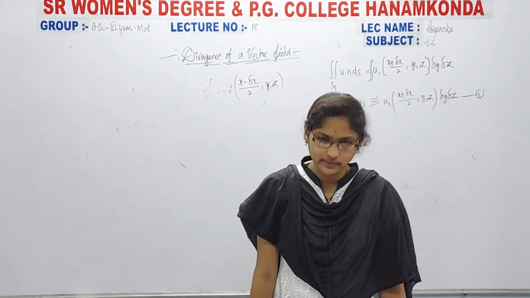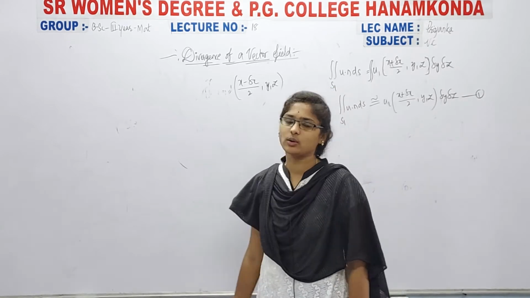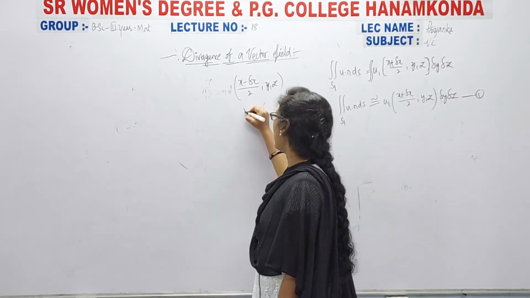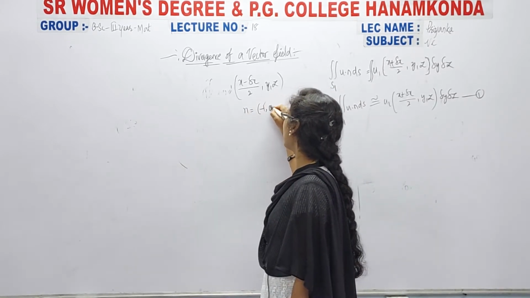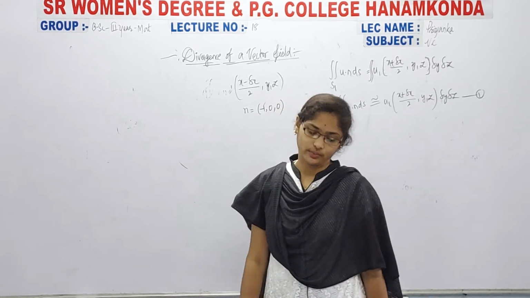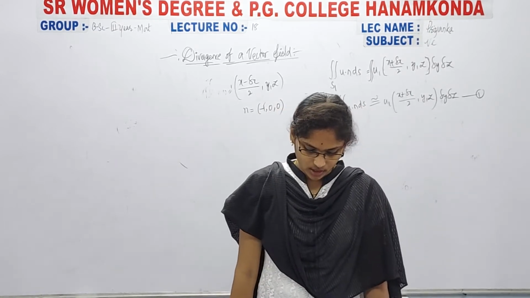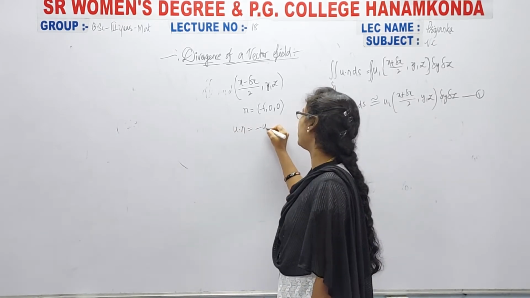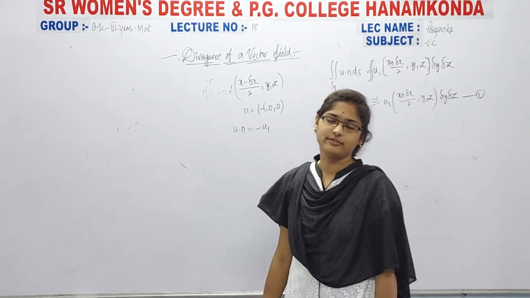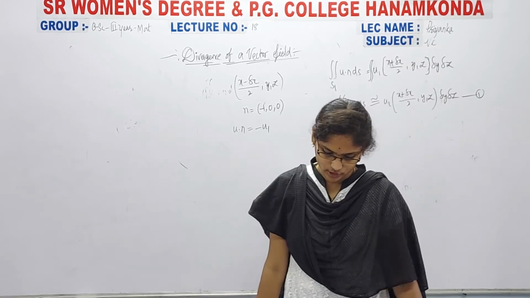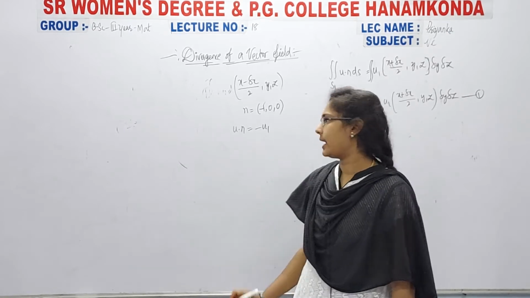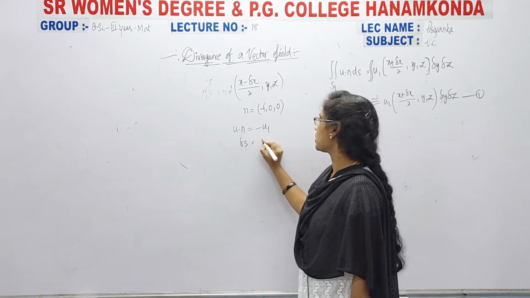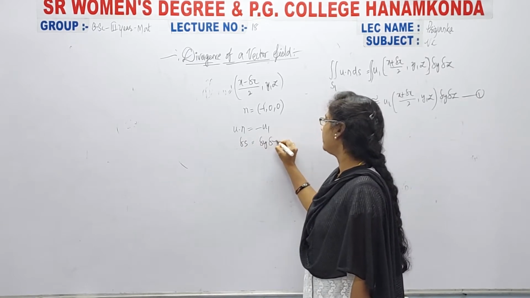The unit outward normal n is minus 1 comma 0 comma 0. Therefore u dot n is nothing but minus u1, and delta S is equal to delta y delta z.